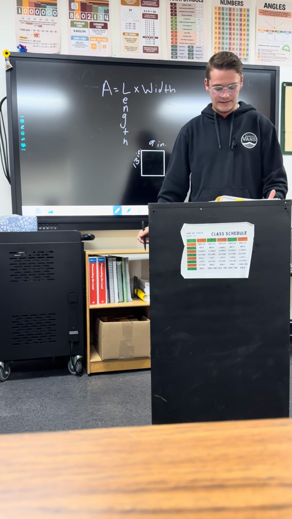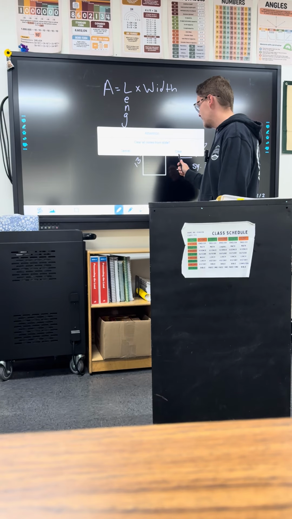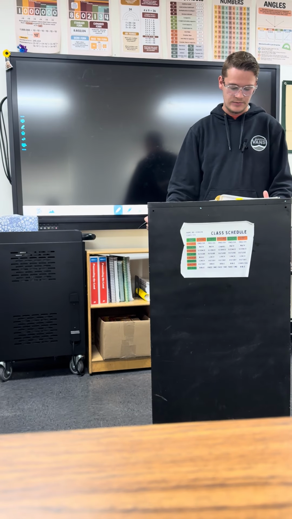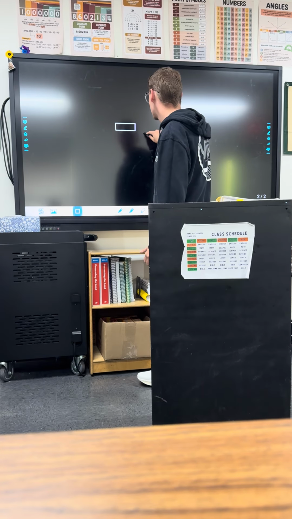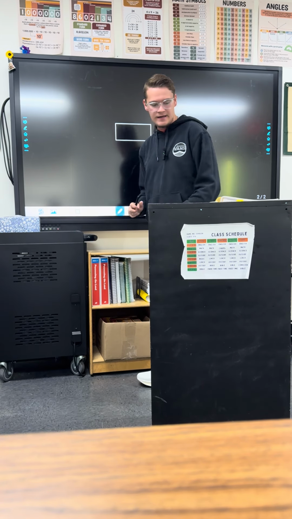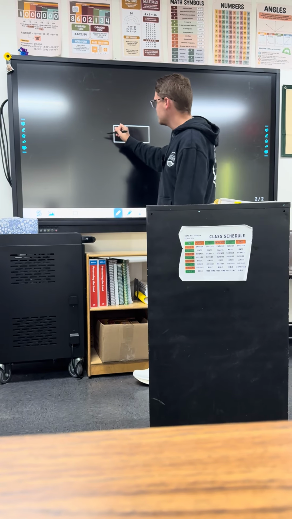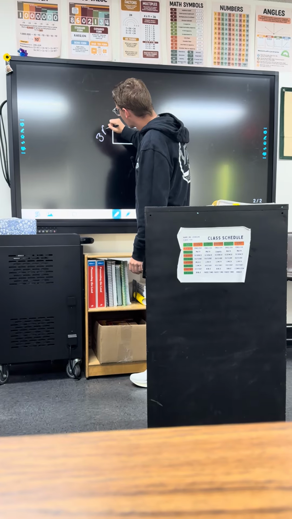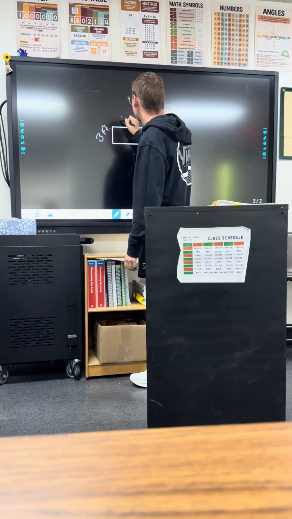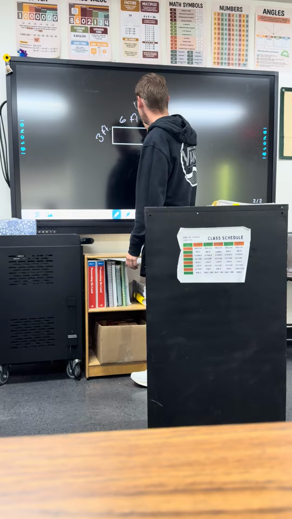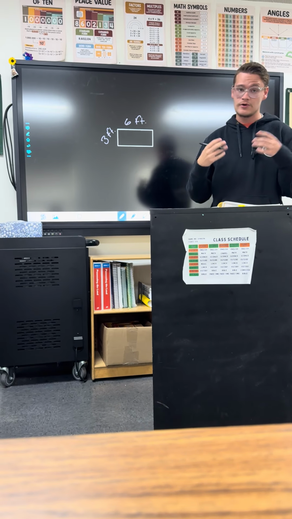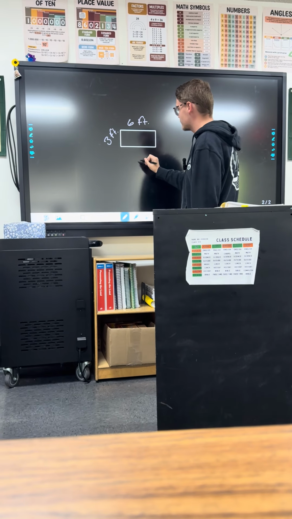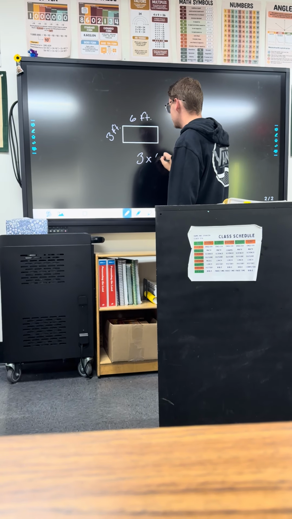But for today, I'm going to do 1A with you guys on the board, just so that way you're able to see it. We're given a little rectangle, not anything too crazy, and it tells us that the length is 3 feet and the width is 6 feet. Remember, the formula is area equals length times width, so all we have to do is multiply these together. 3 times 6 should be pretty easy for you guys.